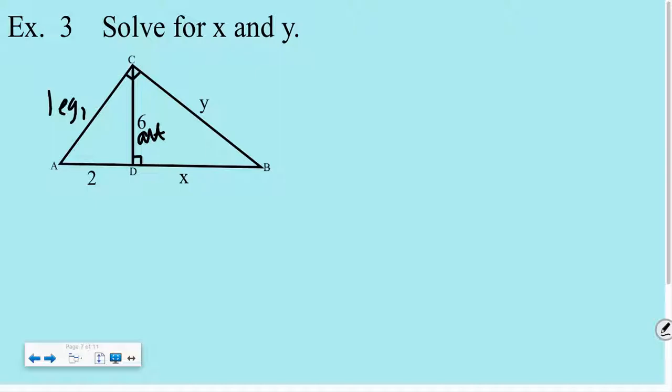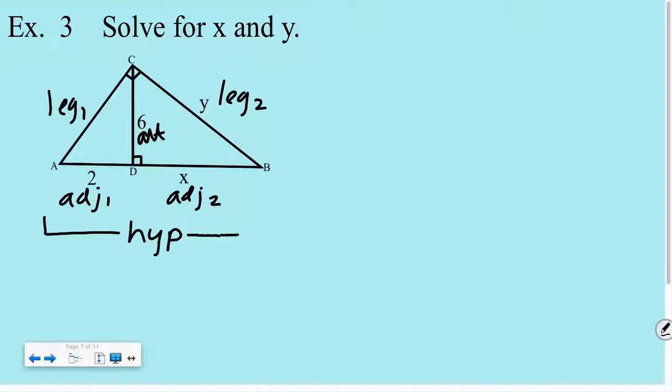Is the Y value. How about the little 2? What should I label the little 2 as? Adjacent leg 1. Good. I usually just write adjacent 1. How about my X value? Adjacent 2, because it's attached to leg 2. And what am I missing? The hypotenuse. Good. So the hypotenuse is that whole bottom segment.